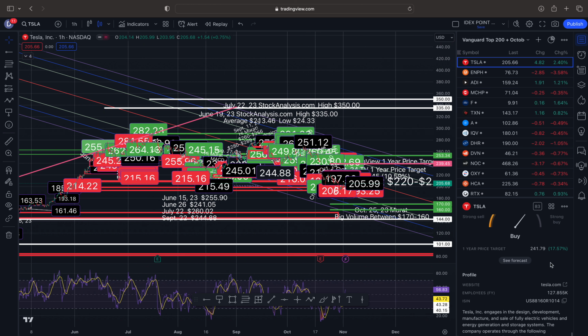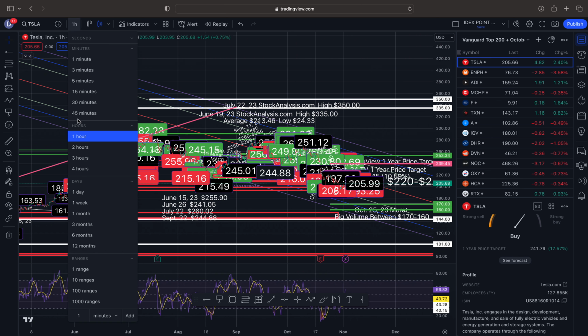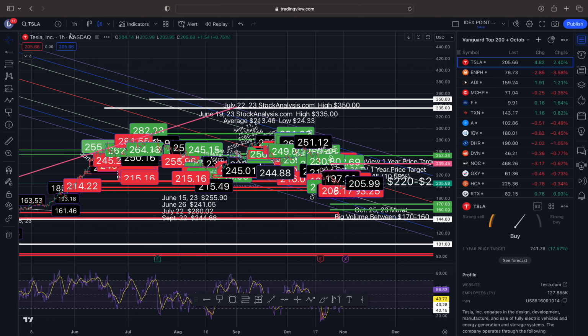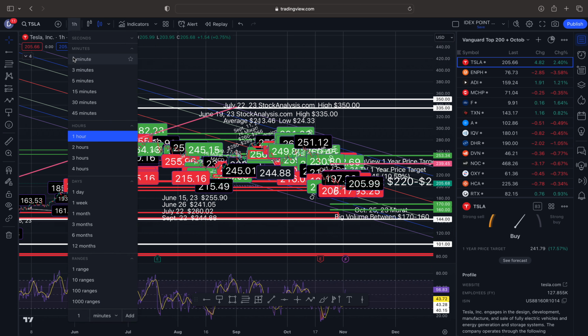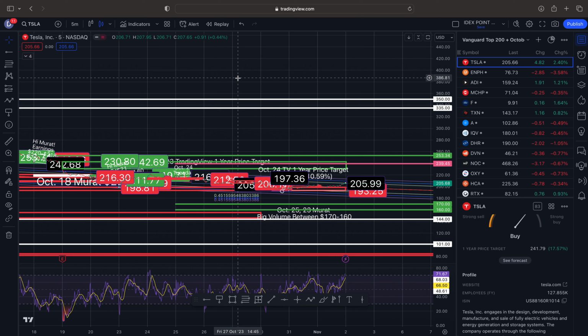So always pay attention to that so we know where our target is to get in and to get out if you are just day trading or doing short swing trades. I do own Tesla and I have it as a long-term trade for myself. Back to the 5-minute.